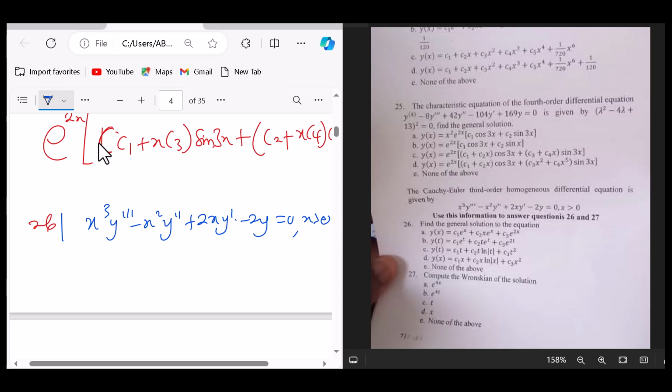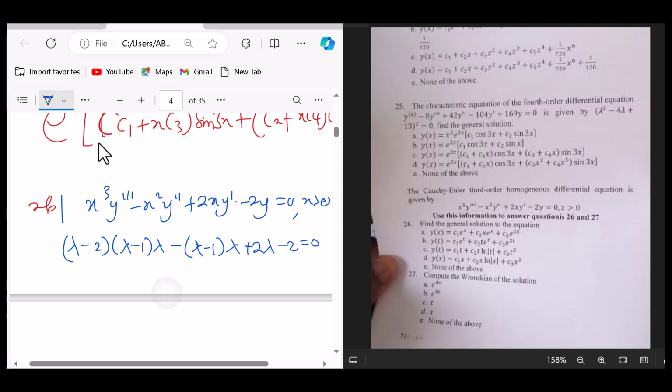The characteristic equation will be lambda (lambda minus 1)(lambda minus 2) minus lambda (lambda minus 1) plus 2 lambda minus 2 equals 0.